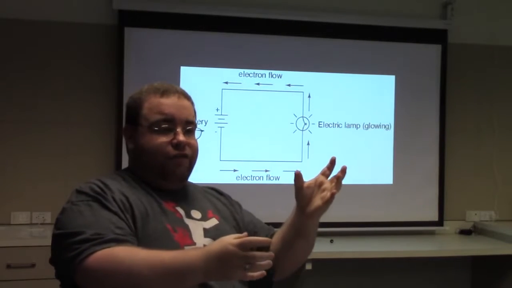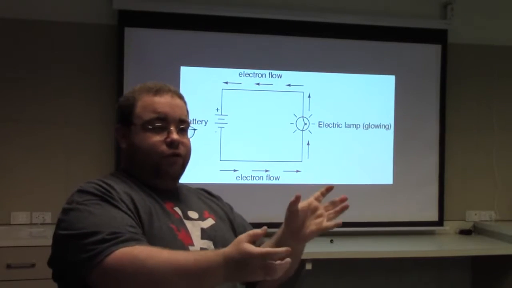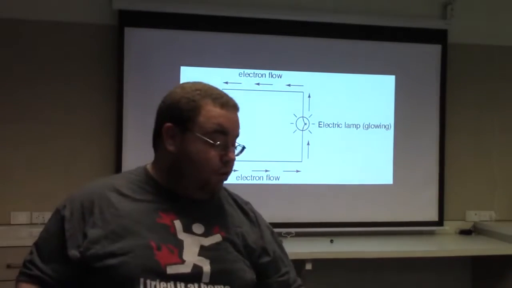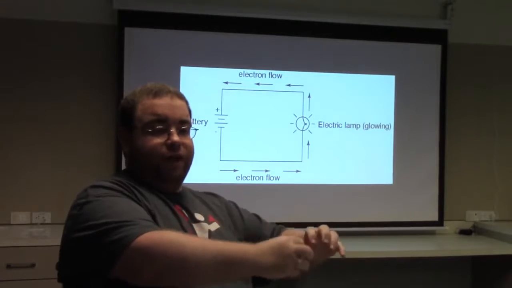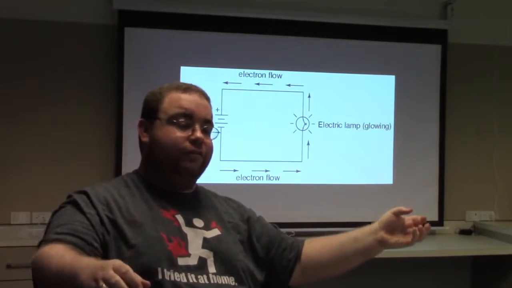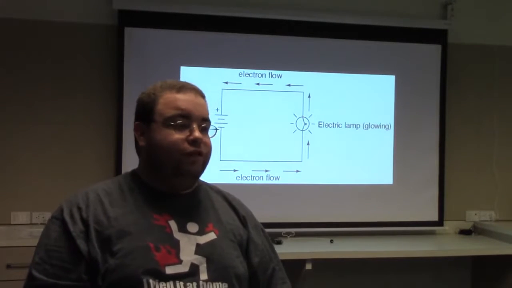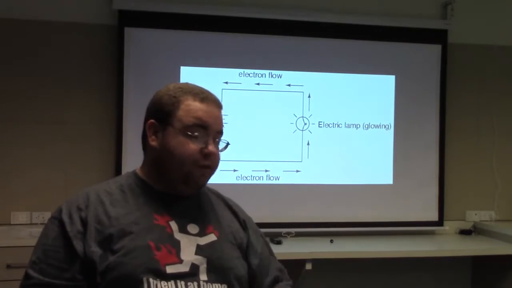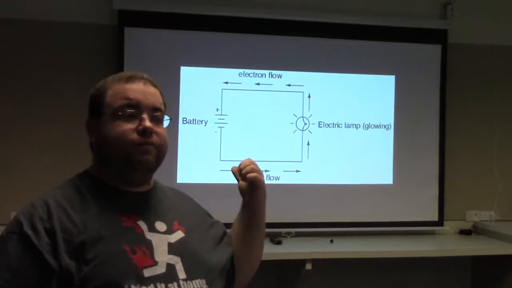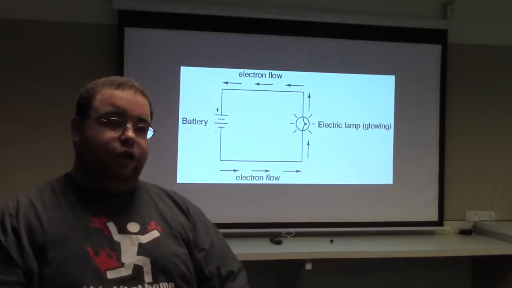So as soon as you connect those two things together with a conductor, it's going to want to equalize that. All the ones on the negative end are going to repel each other and try to move through the conductor to get to the positive end where they're being attracted. Because they really want to do that, they're going to be willing to shove themselves through the resistant electric lamp, which will glow since it's heating up.